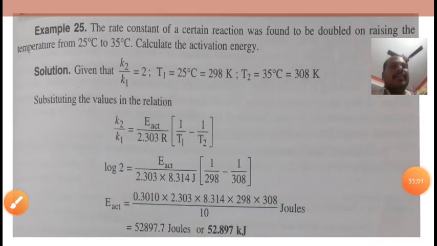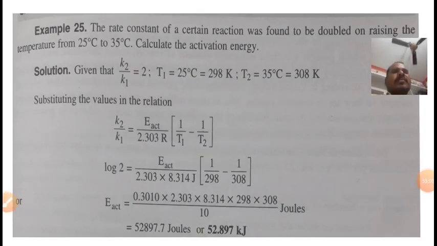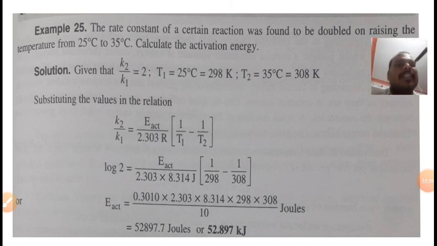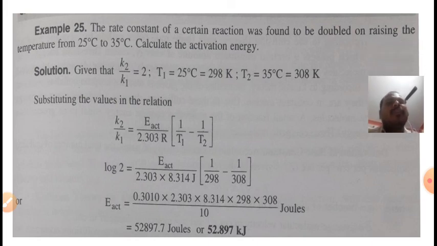The next problem is: the rate constant of a certain reaction was found to double on raising the temperature from 25 degrees centigrade to 35 degrees centigrade. Again he has given the temperature coefficient, that is K2 by K1, which is 2. T1 is 25 degrees centigrade and T2 is 35 degrees centigrade, which I have to convert into Kelvin.